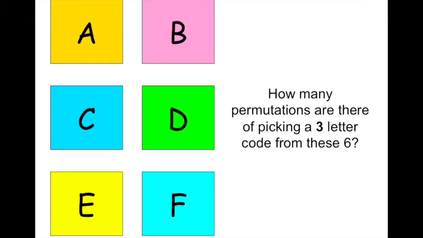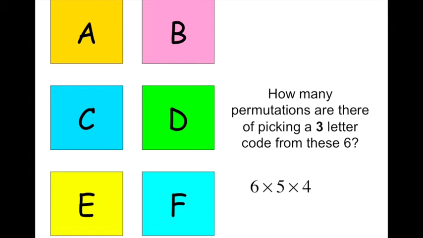It could be A, B, C, D, E, or F. Having chosen that first letter, how many ways are there that the second letter could be chosen? Well, obviously 1 letter is already gone. Whatever I've chosen as being the starting letter has now been taken, so there's only 5 letters left. So there's 6 letters that could be used for the first, 5 for the second, and then 4 letters left for the final letter of the code. There's only 4 letters left. So 6 times 5 times 4.